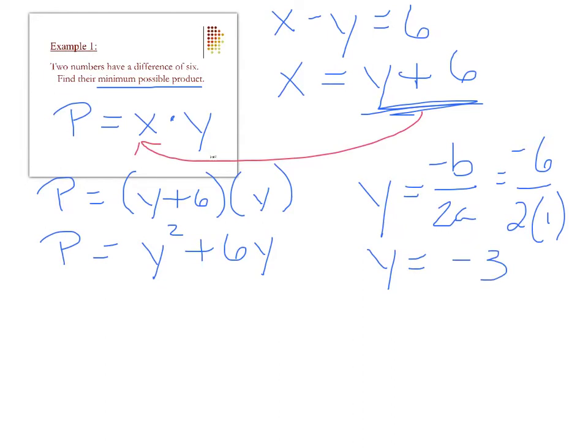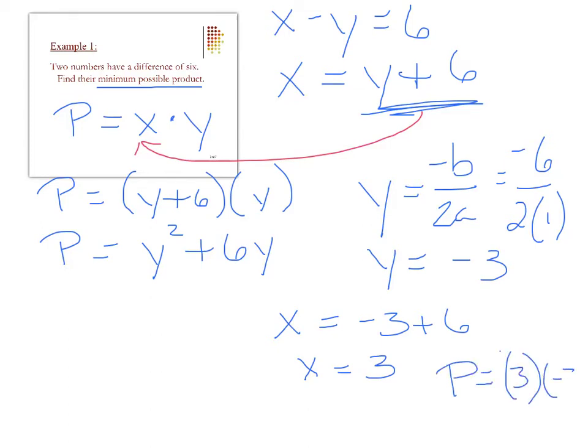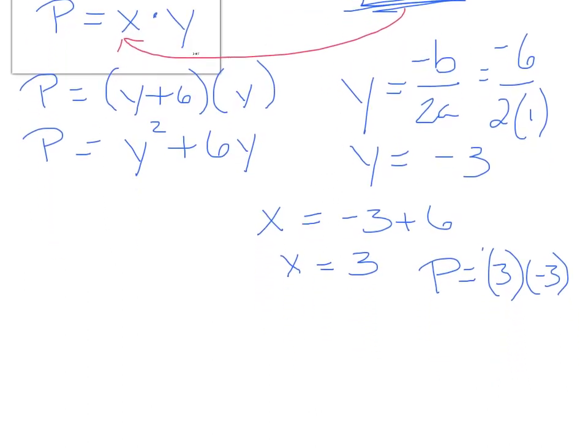So once I know that y is -3, I'm going to plug it back into the original equation and say x is -3 plus 6, so x is going to be 3, which means your minimum product is 3 times -3, or the minimum product is -9.